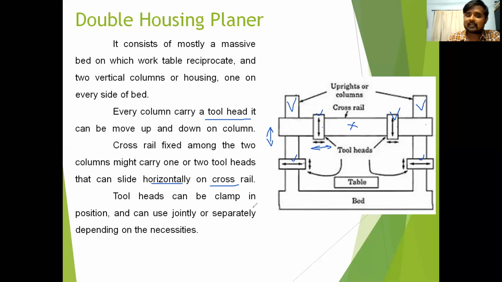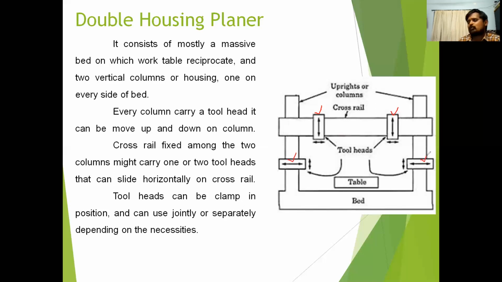Tool heads can be clamped in a position and used jointly or separately, depending upon the necessities. If you observe this entire diagram, we have four cutting tool heads. This is the first one, this is the second one, this is the third one, and this one is the fourth one.